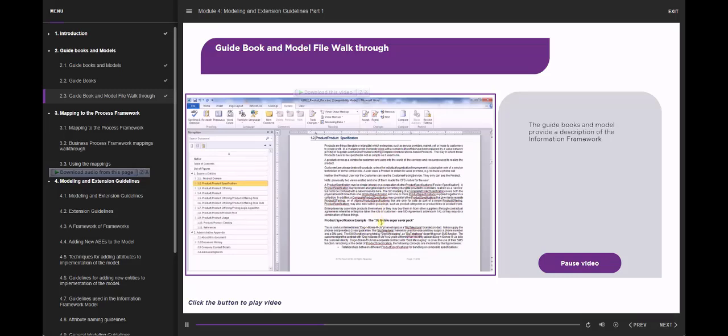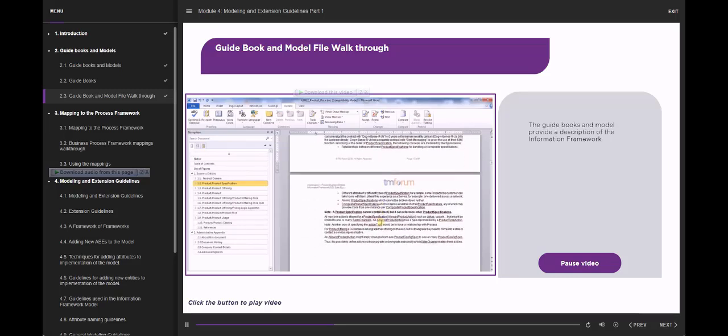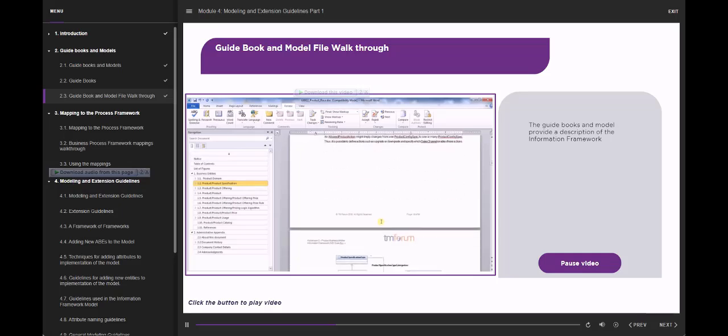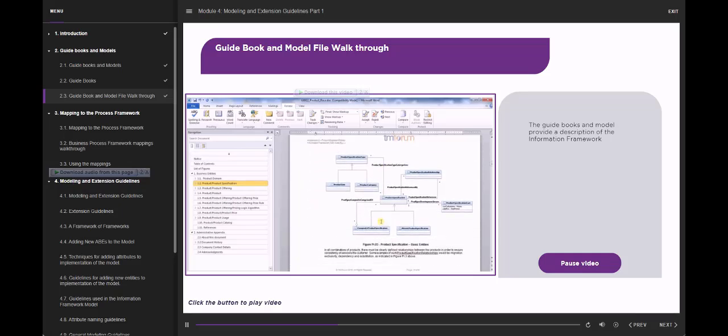Here's an example of a product specification. Here is a UML class diagram that shows the key entities in the product specification ABE.